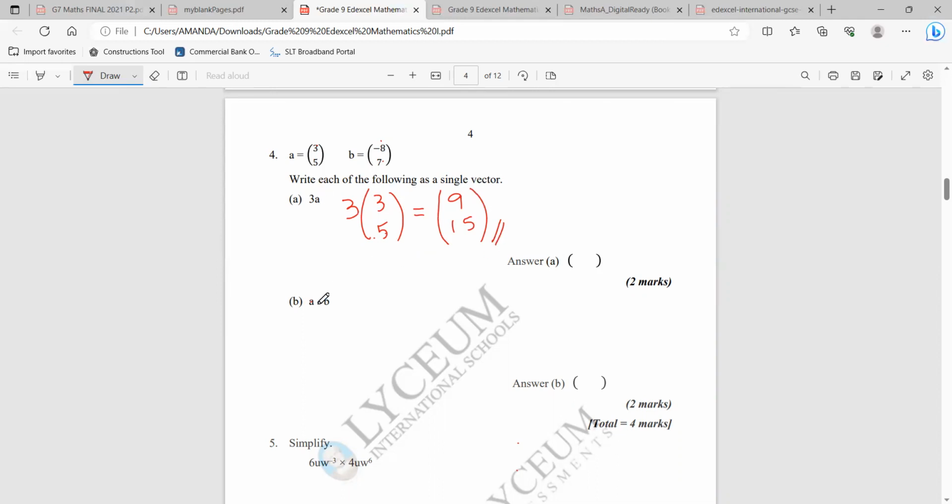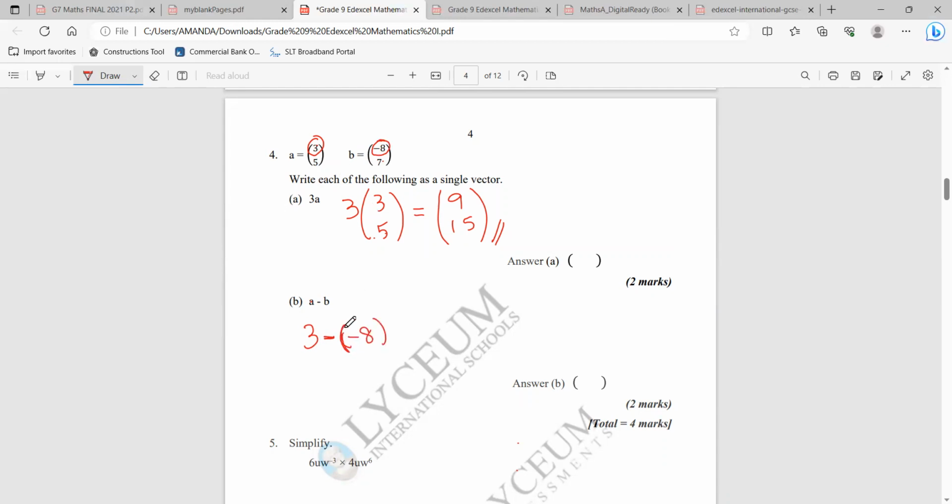Next is vector A minus vector B, A minus B. So that's again very simple. So 3, that's the first element. 3 minus, we have the first element of this one, which is negative 8.